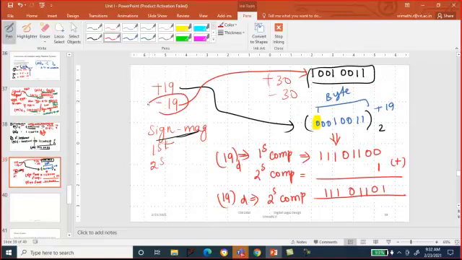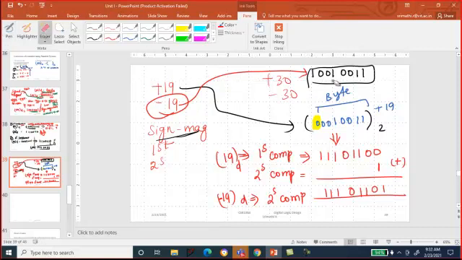Usually this negative number will be represented as minus 19. Use your calculator and check how minus 19 decimal is represented in binary. Guys, please check.